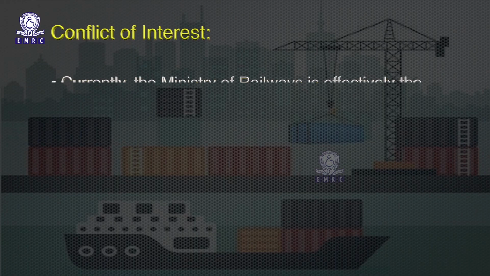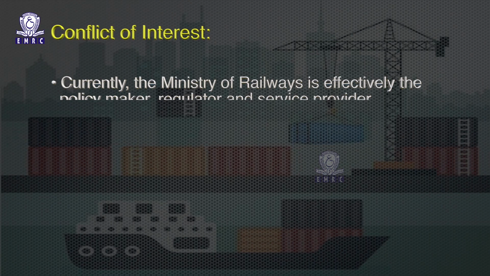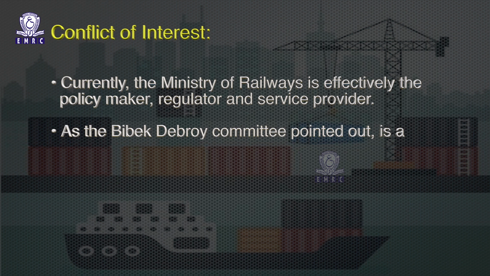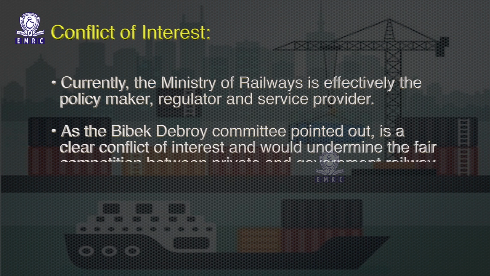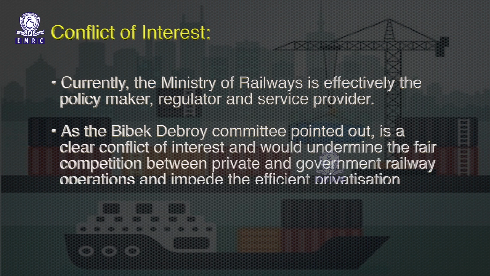Next one is conflict of interest. As we know, currently the Ministry of Railways is effectively the policy maker, regulator and the service provider. As the Vivek Debroy Committee pointed out, this is a clear conflict of interest and would undermine fair competition between private and government railway operations and impede the efficient privatization process of Indian Railways.